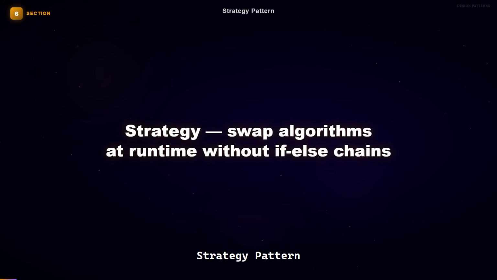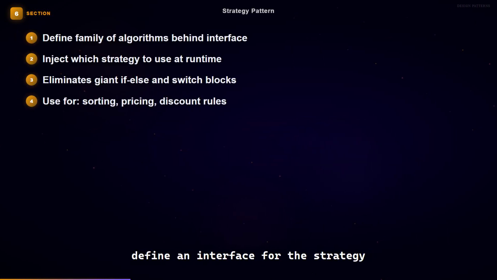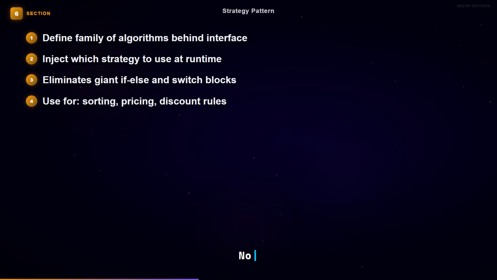Section 6. Strategy Pattern. Strategy eliminates giant if-else chains and switch statements by replacing them with polymorphism. You define a family of algorithms behind an interface and inject which strategy to use at runtime. Discount strategy example. IDiscountStrategy has one method, Apply, that takes a price and returns the discounted price.